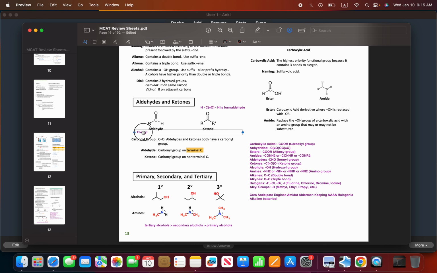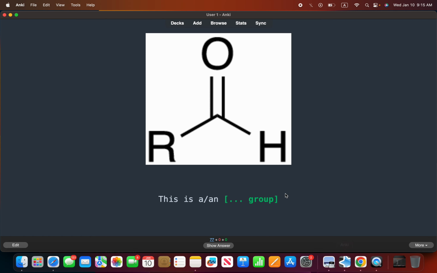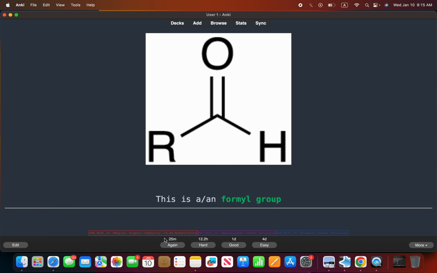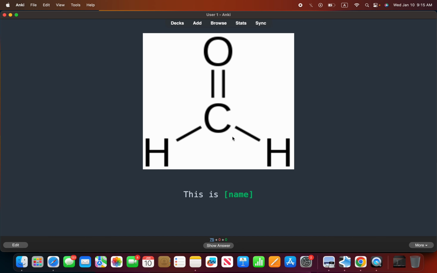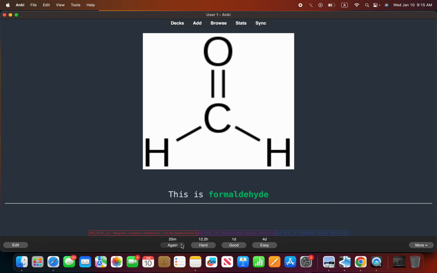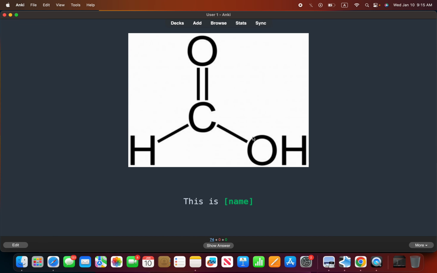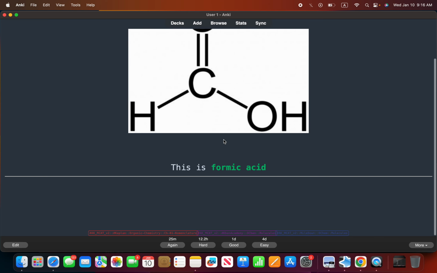Formyl. Yeah, so this is formaldehyde. This would be a carboxylic acid, so carboxyl, formic acid.